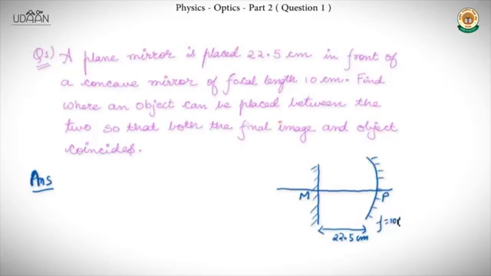Now, it is given that an object is placed between the two, so that the final image and the object coincide. So basically, let there be an object O with position O, and the distance of this from the concave mirror be x. So the final image formed by this object by both the mirrors should coincide with this.